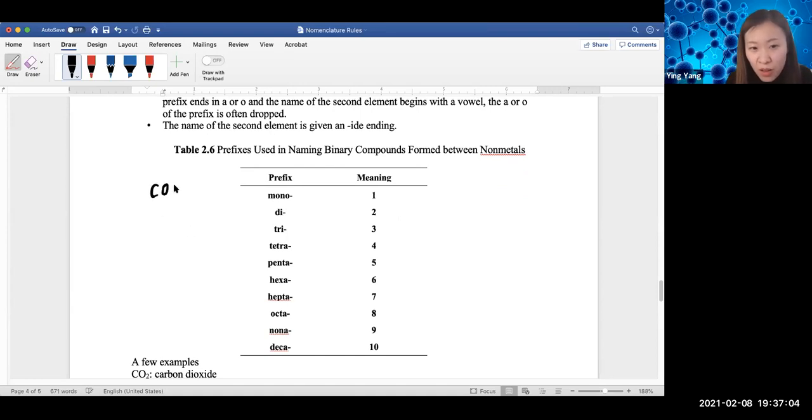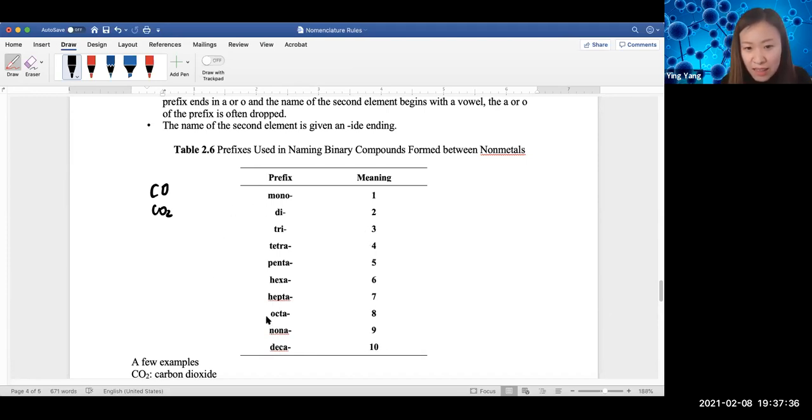So CO is carbon monoxide. Mono means there is just one oxygen. CO2 is carbon dioxide, and di indicates there are two oxygens, right? We don't have carbon trioxygen, but as we move down, we have tri for 3, tetra for 4, penta for 5, hexa for 6, hepta for 7, octa for 8, nona for 9, deca for 10, right?